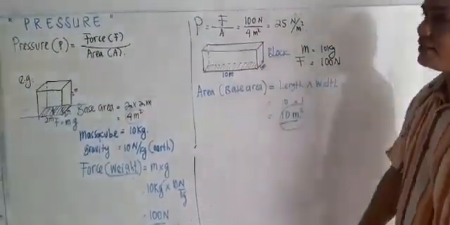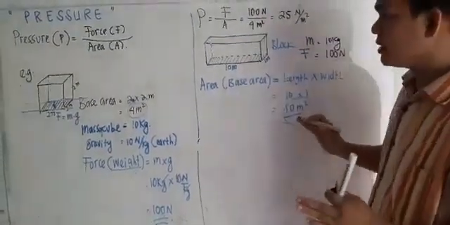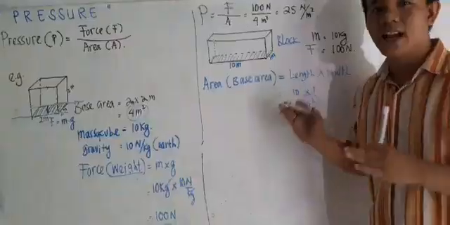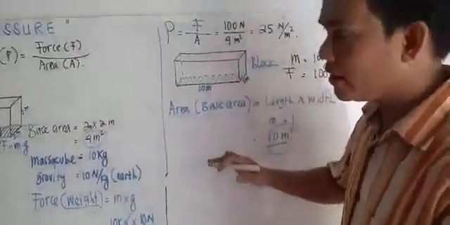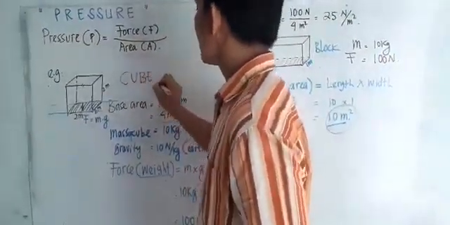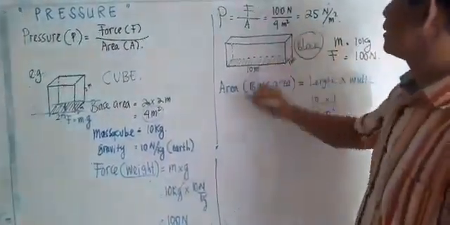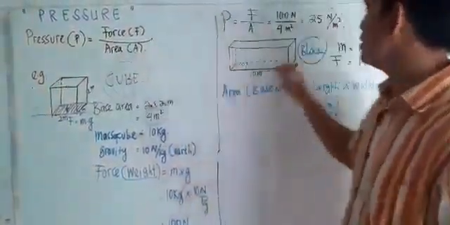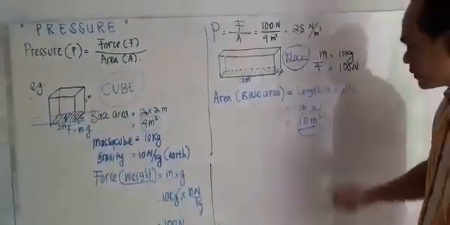So the question is, which object has the highest pressure? The cube or the block, the rectangle?